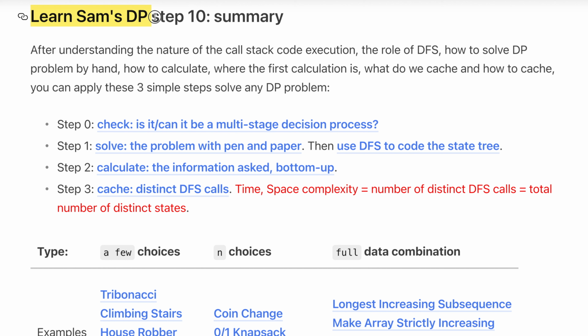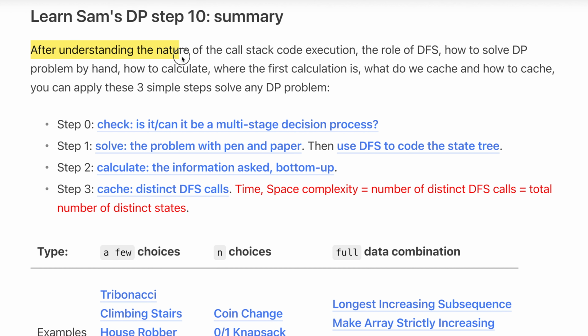Next, learn SAMDP step 10. We're gonna summarize what we have learned so far. At this point, you know everything you need to systematically identify if a problem is a DP problem and solve it step by step.